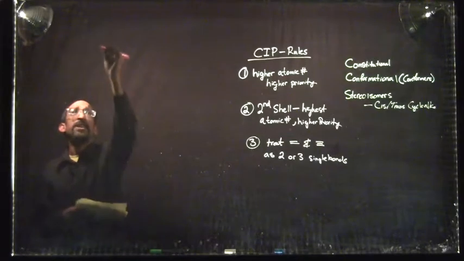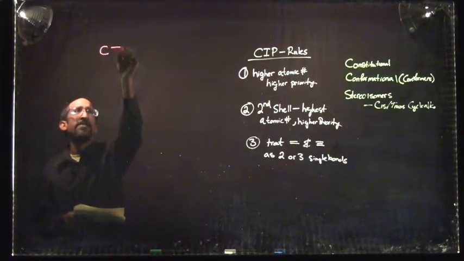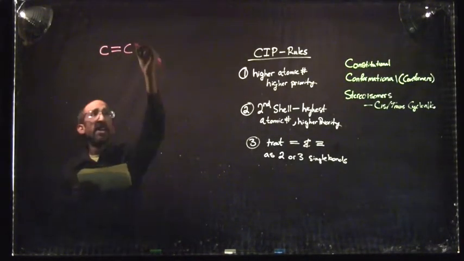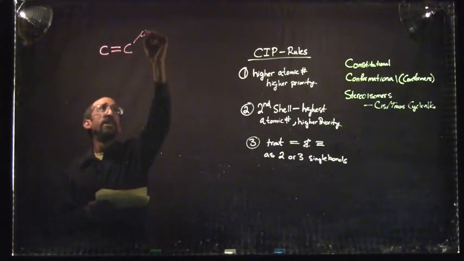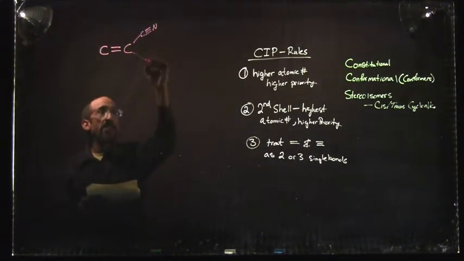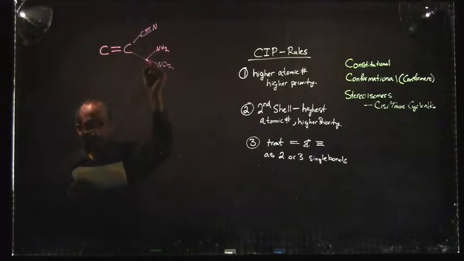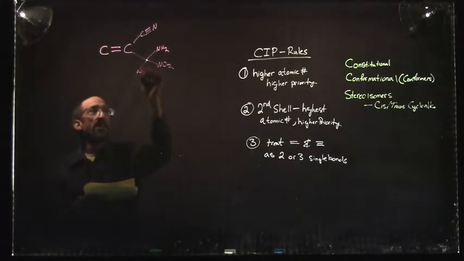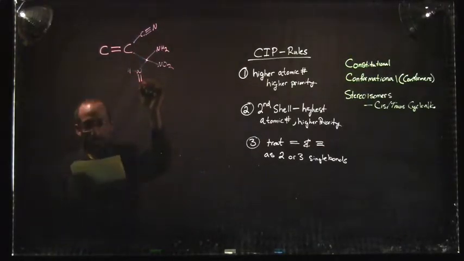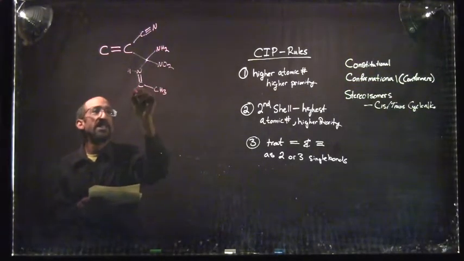So here, just to give a simple line structure, we're going to have carbon double bonded to carbon. Off of this one, I'm going to put a nitrile group, and then I'm going to have another carbon with an amine, and a nitro, and we'll put another nitrogen here with a hydrogen off of it, double bonded to a carbon with 2 methyl groups.